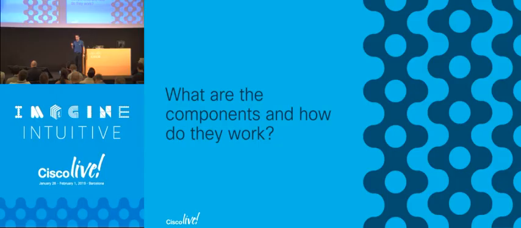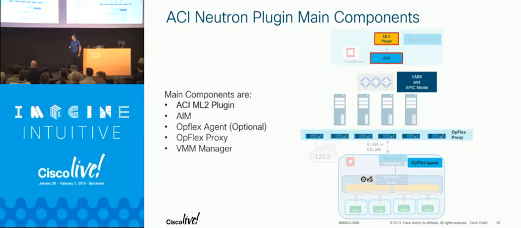What are the components of this solution? So the components of the unified plugin, once you install it. We have seen that there is some documentation to do the installation. Typically, we support OSP Director, for example, or Canonical Juju Charms, as I said.